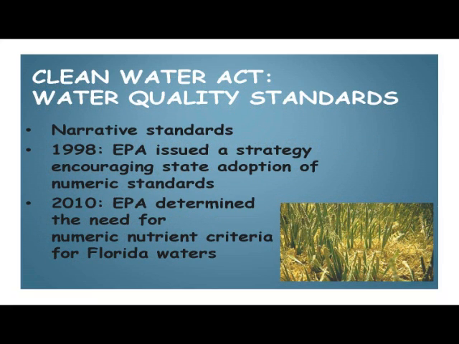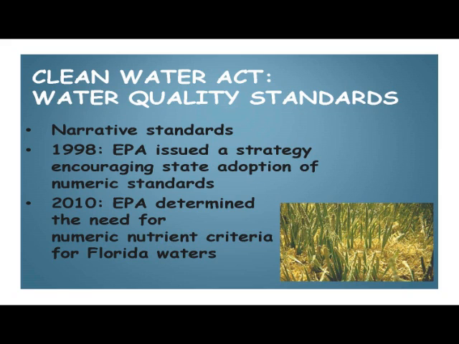Up until recently, the water quality standards were narrative in nature, stating that you have to maintain a diversity of fish and wildlife, fish and animals. So in 1998, the EPA issued a strategy to encourage states to adopt numeric standards.